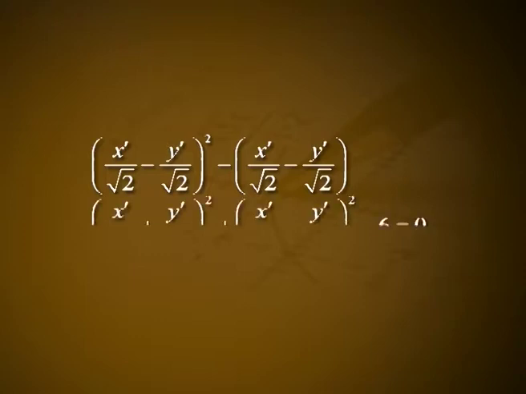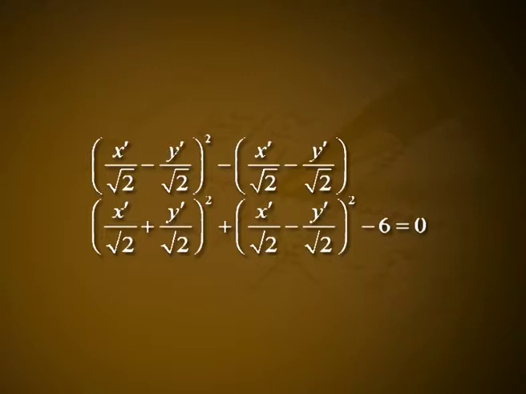Substituting these into the given equation yields (x'/√2 − y'/√2)² − (x'/√2 − y'/√2)(x'/√2 + y'/√2) + (x'/√2 + y'/√2)² − 6 = 0.